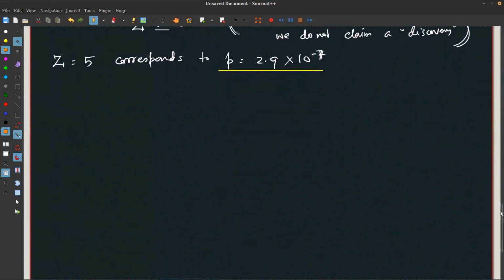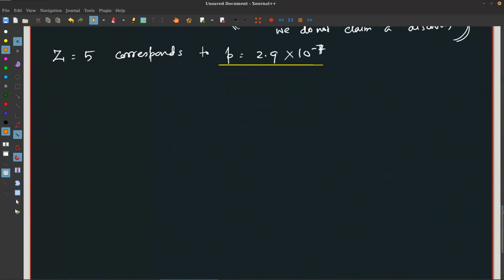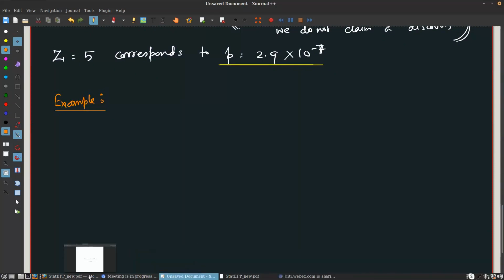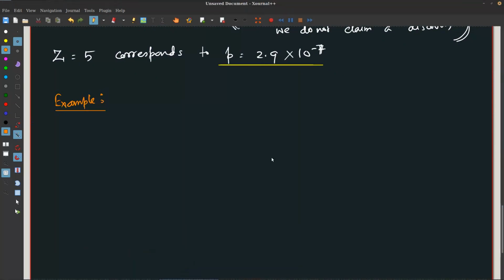Now, let me give an example. What time is it? 16:11. Good.